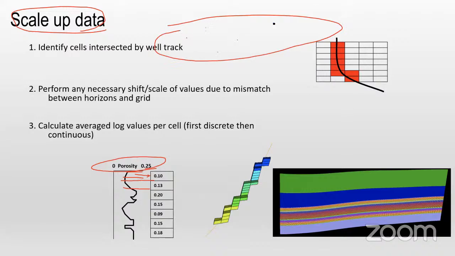You have, for example, 30 wells in different parts of this field, and you have the porosity logs and the grids also. So you do the scale-up process and assign one value to each cell. So you have the scale-up data for these 60 wells in different areas.